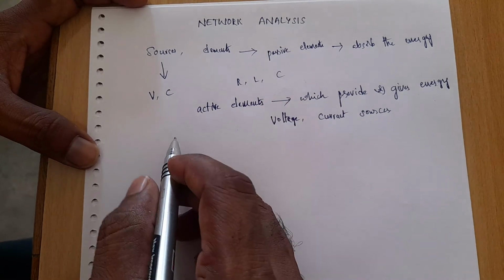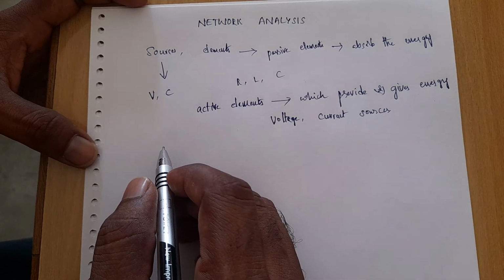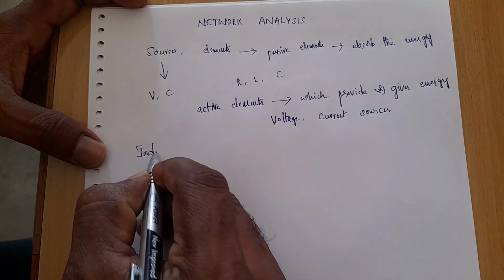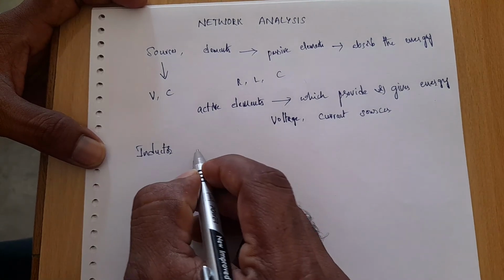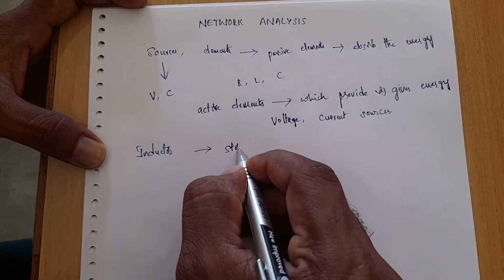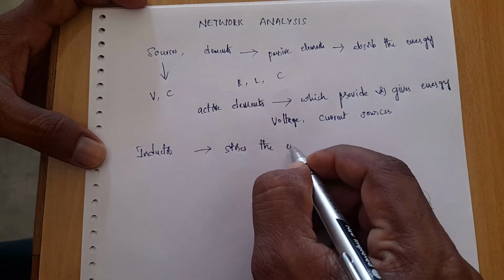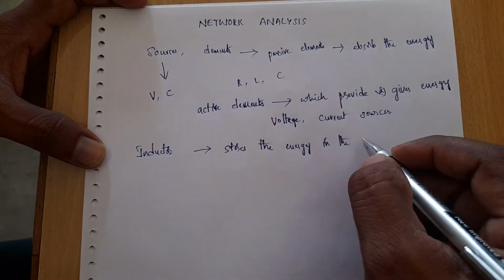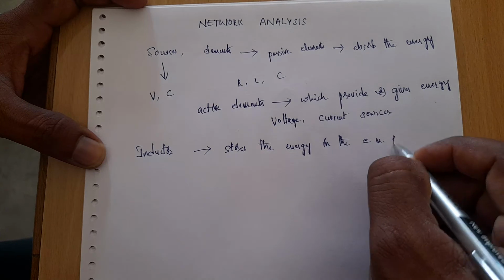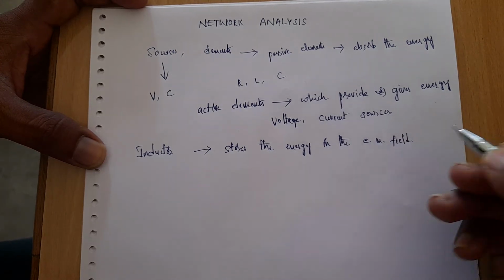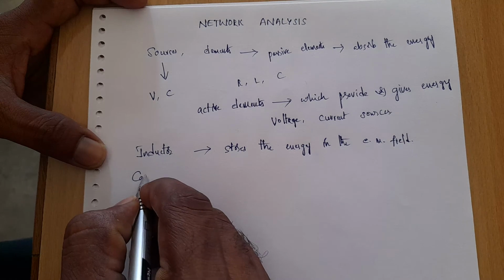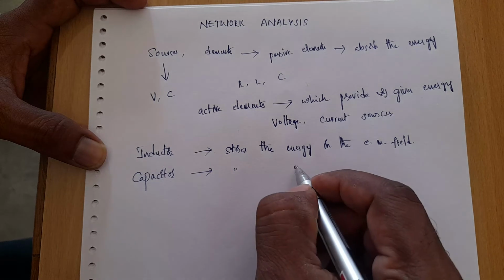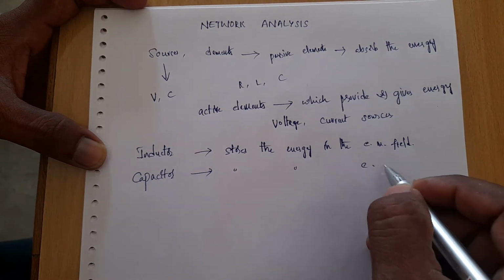An inductor stores the energy in the form of an electromagnetic field, and a capacitor stores the energy in the electrostatic field.